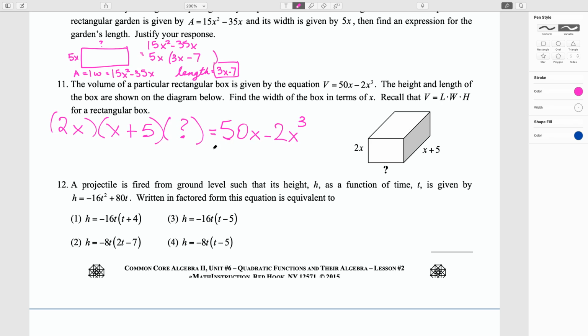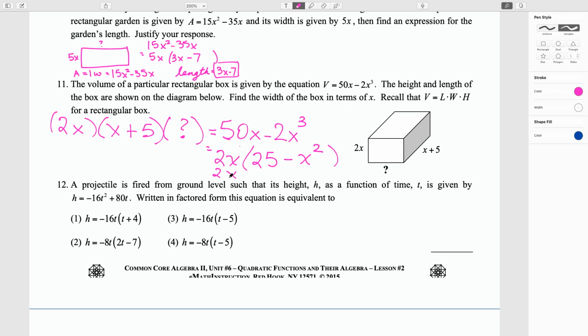That's a good strategy. What can go into both 50 and 2? 2x. And what do we multiply 2x by? 25 minus x squared. And then this is a difference of perfect squares.